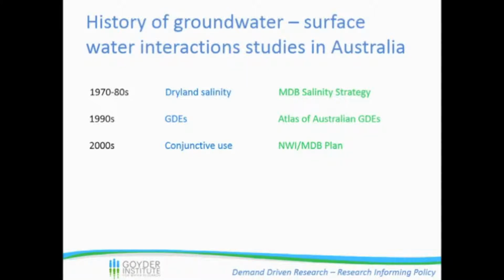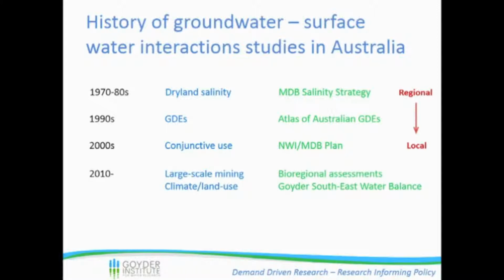Now, my proposition for you today is that during this period, from the 1970s to the present, the scale at which we have approached the problem of groundwater surface water interaction has shrunk. In the days of dryland salinity, it was big picture, regional scale. For conjunctive water use, we're often at the scale of river reaches.